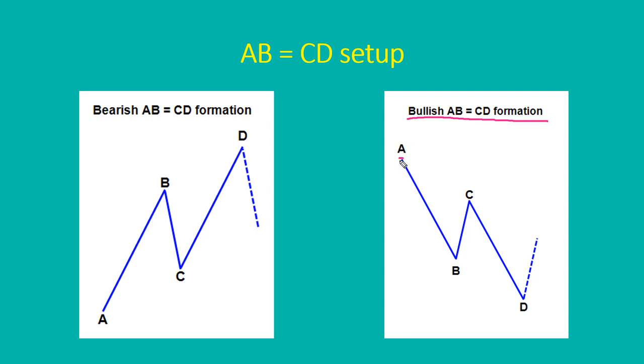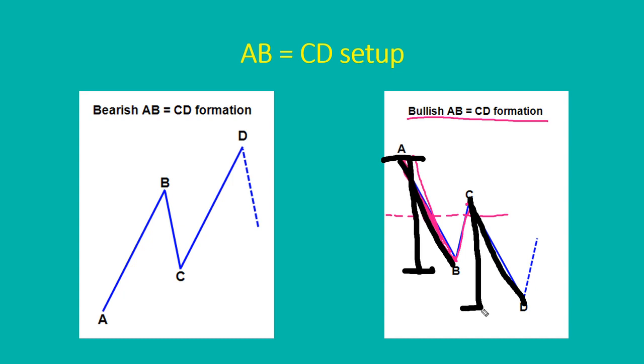First you identify swing point A, swing point B, then you want to see a point C, which is above 50% of this distance, and then you measure the distance from C to D, which is the same as from A to B. Those two are the same. So if this is 50 pips, then this is also 50 pips. From there, you go long.